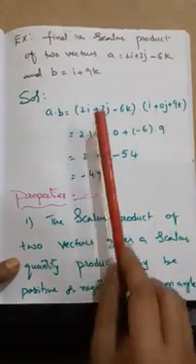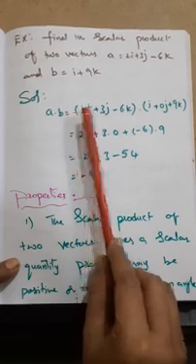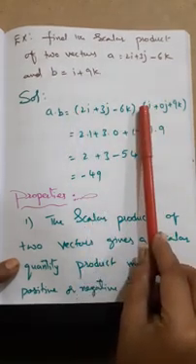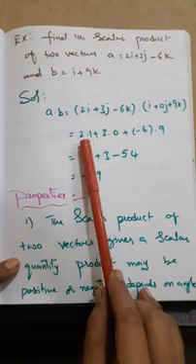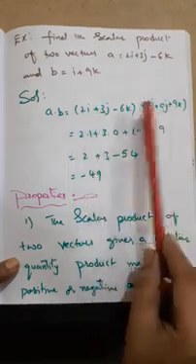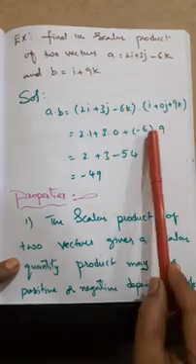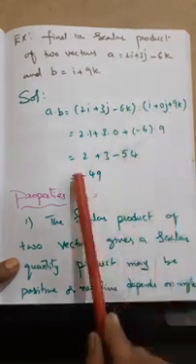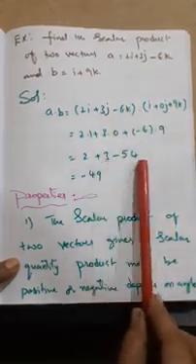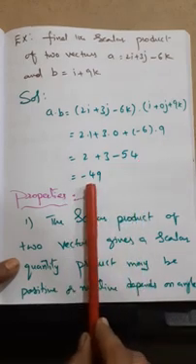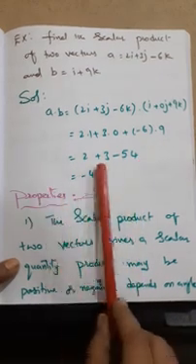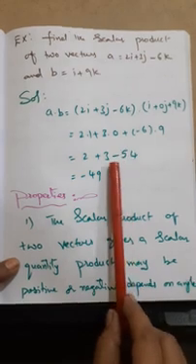The coefficient of i in A is 2, and the coefficient of i in B is 1, so 2 times 1. Here we just multiply the coefficients: 3 times 0, and minus 6 times 9. So this can be written as 2 plus 0 minus 54, which is minus 52. This is another example of the dot product.